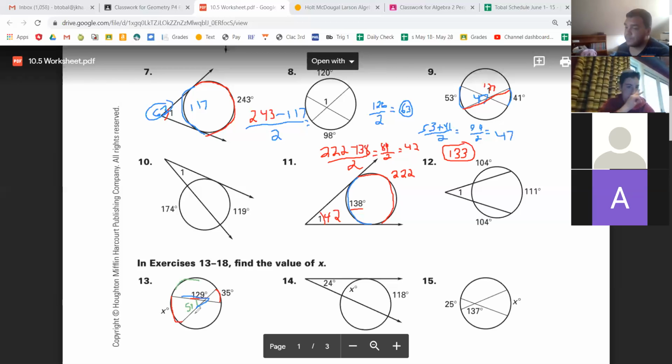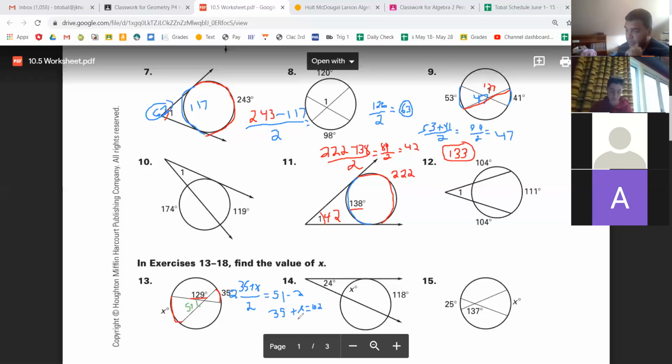Okay. All right. So I know it's supposed to be an average. So it's going to be 35 plus x over 2 equals 51. I don't know what x is, so I just got to write x. So I got to times 2 on both sides first. 35 plus x equals 102.